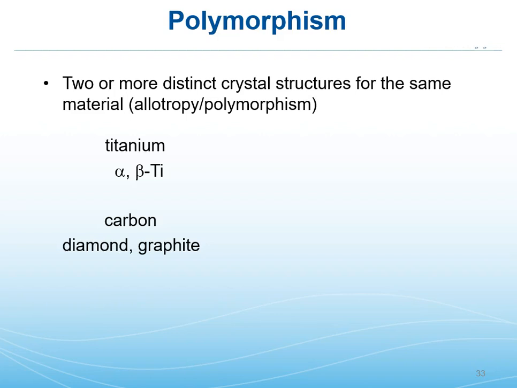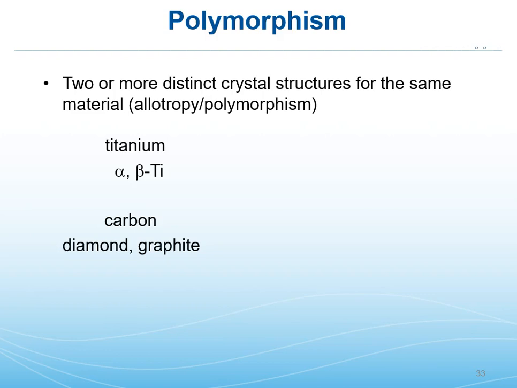Polymorphism: two or more distinct crystal structures for the same material. Water has a lot of these, especially when you look at temperature and pressure. There are a few engineered materials that are distinct for their polymorphism and for which we take advantage. Titanium has an alpha and a beta form.